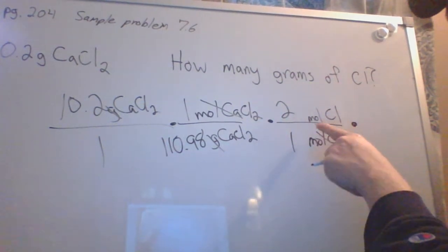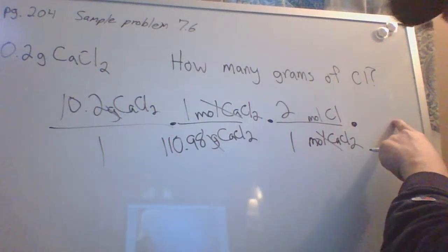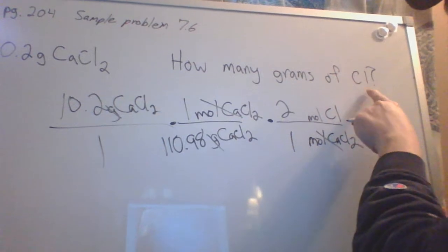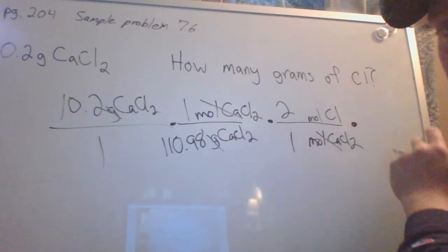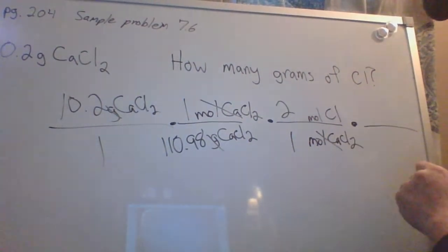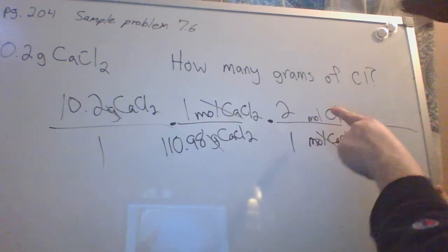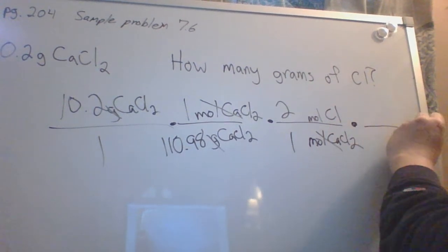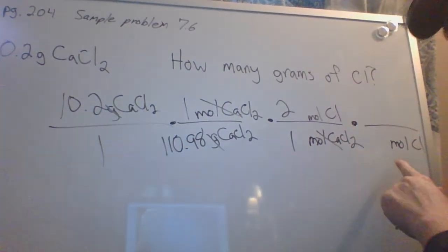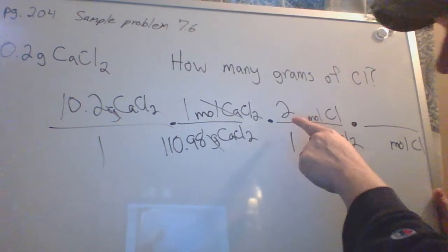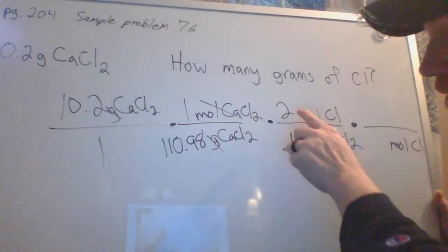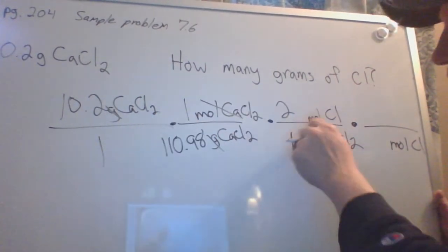So we're going to go from moles, bring it down into grams using the molar mass of chlorine from the periodic table. Last fraction, bring down moles of Cl. Please, this is important right here. A lot of students think that they need to bring this number down with it. The 2 is already taken care of in this fraction.